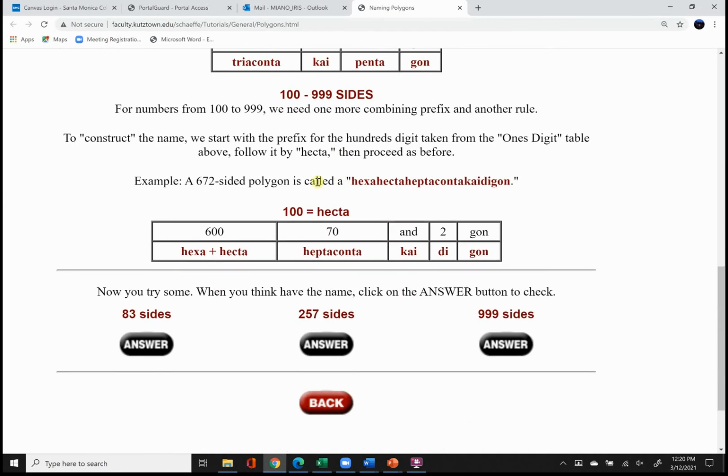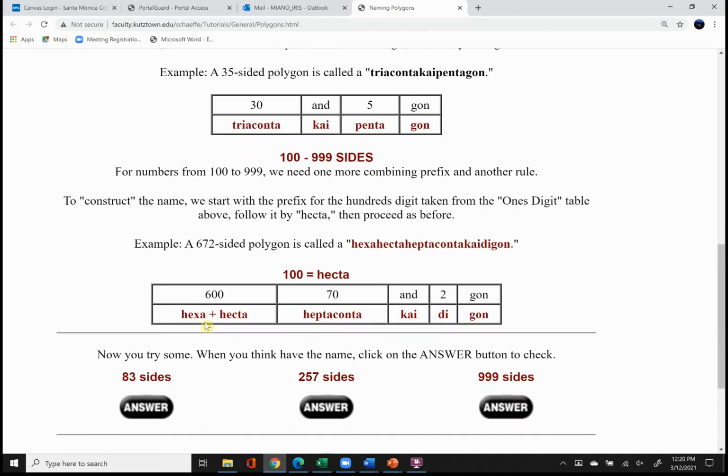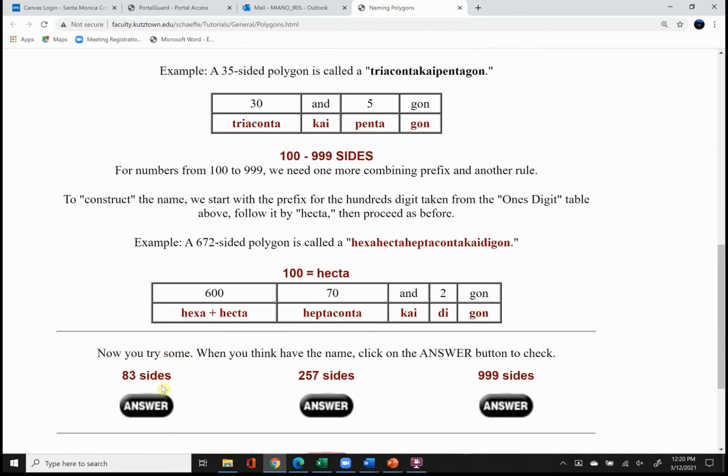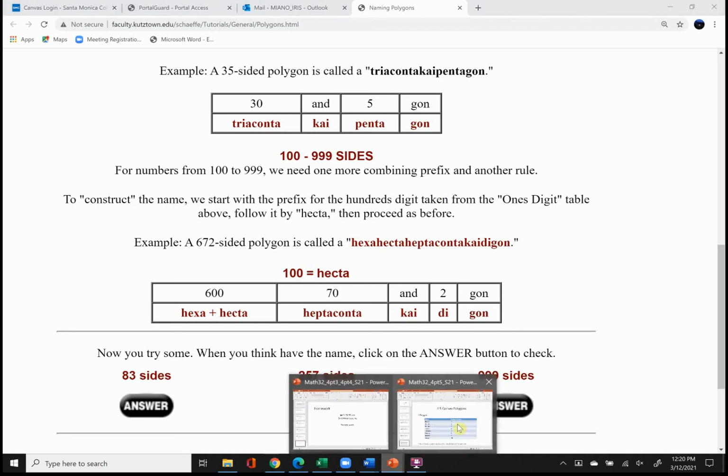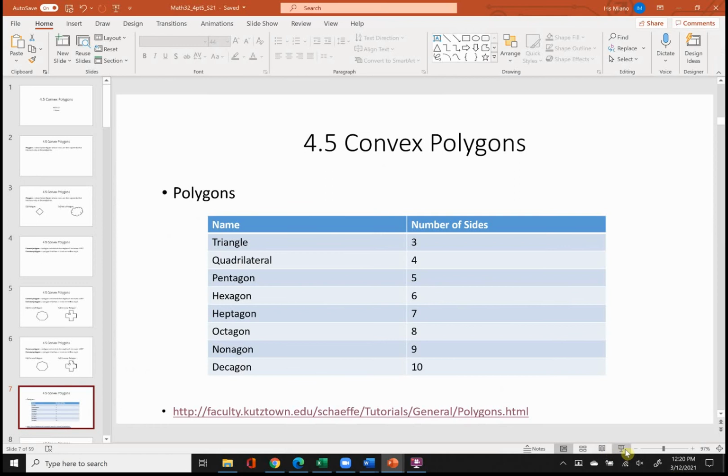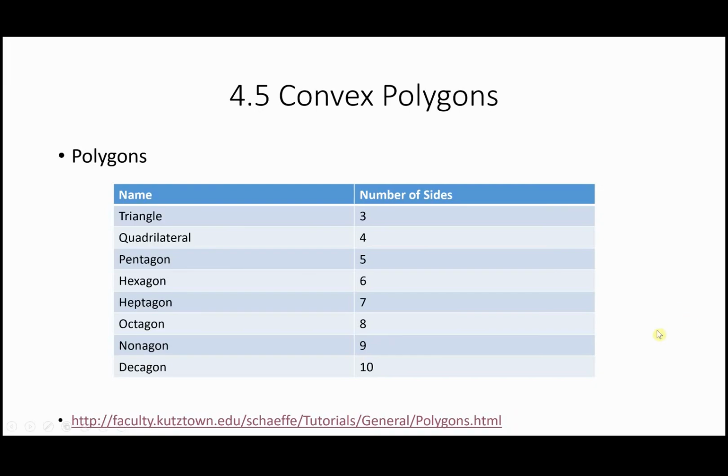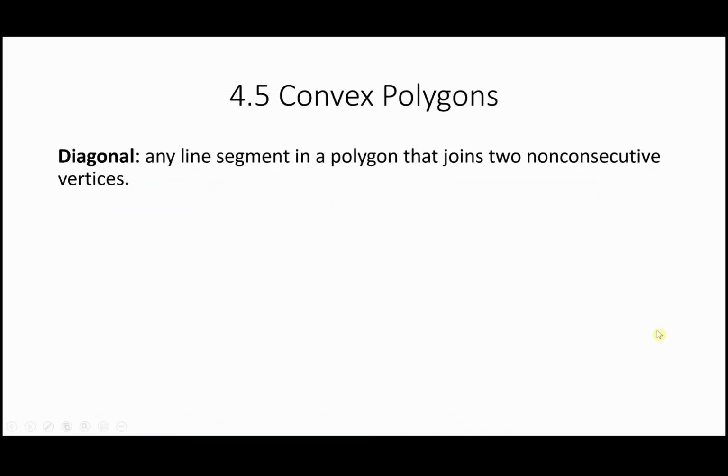So I believe that 83 sides would be an octaconta chi trigon. Let's see. Yep, look, 83 equals octaconta chi trigon. LOL. All right, so just a little bit of fun there. Please just ignore that if you'd rather stick to the curriculum here. By all means, let's do so. Let's get back to work.